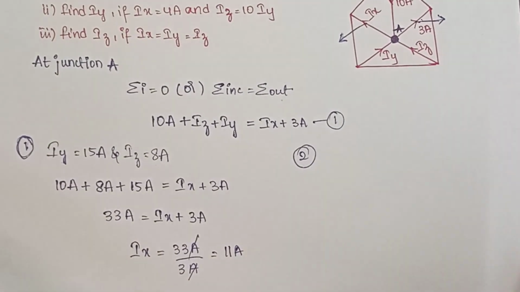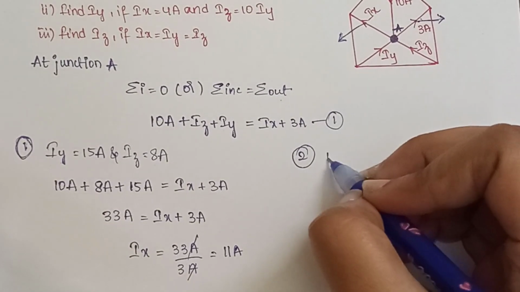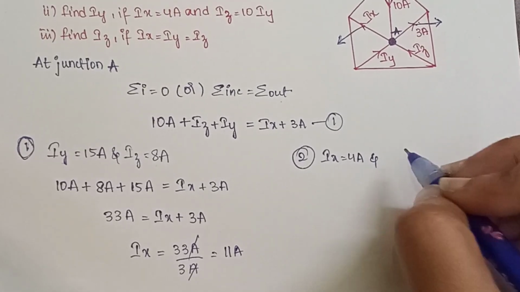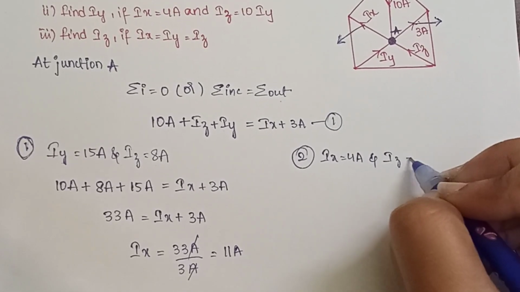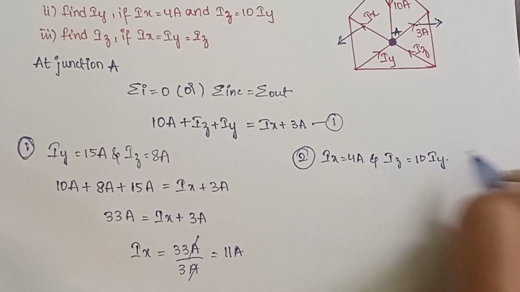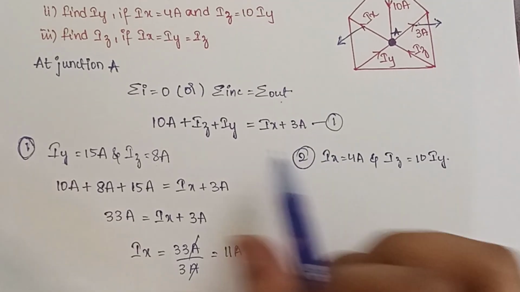Now, what is your second part? You need to find Iy if Ix is equal to 4 amperes and Iz is equal to 10 Iy. So now what will you do here? We need to substitute these values in equation 1.